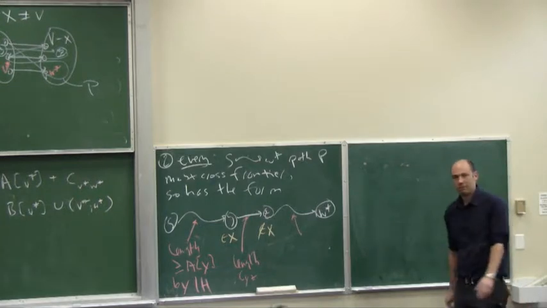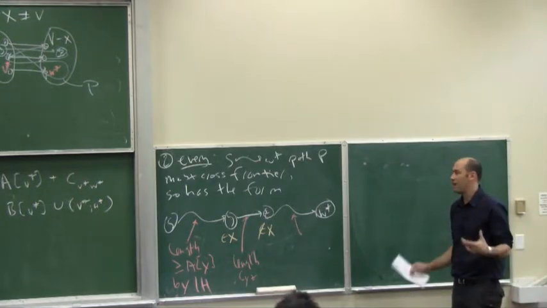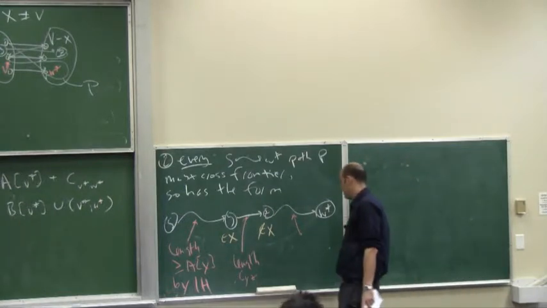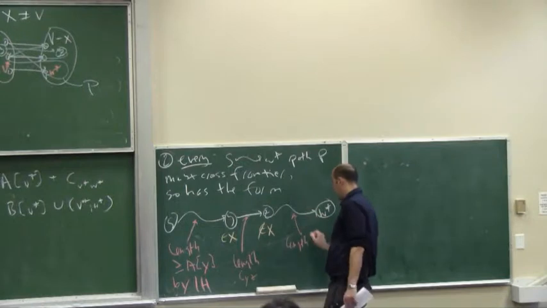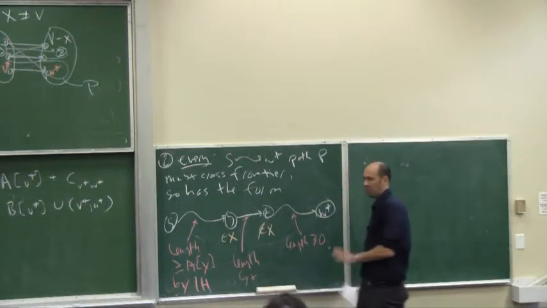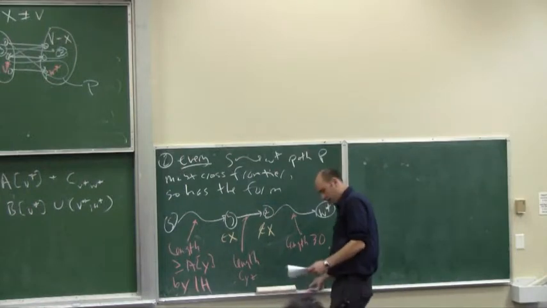Who knows? But we assume that all edges are non-negative, so at least something very crude we can say is that the length of this thing cannot be negative. Uncontroversial, I hope.